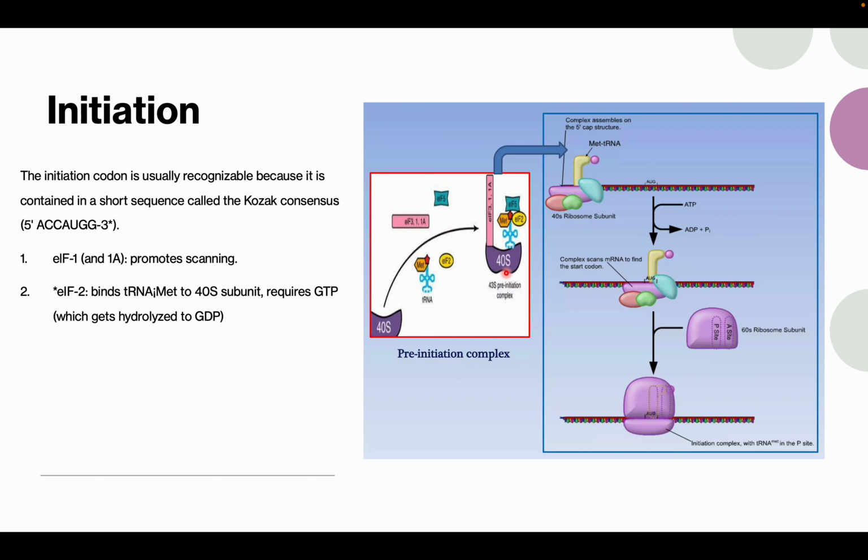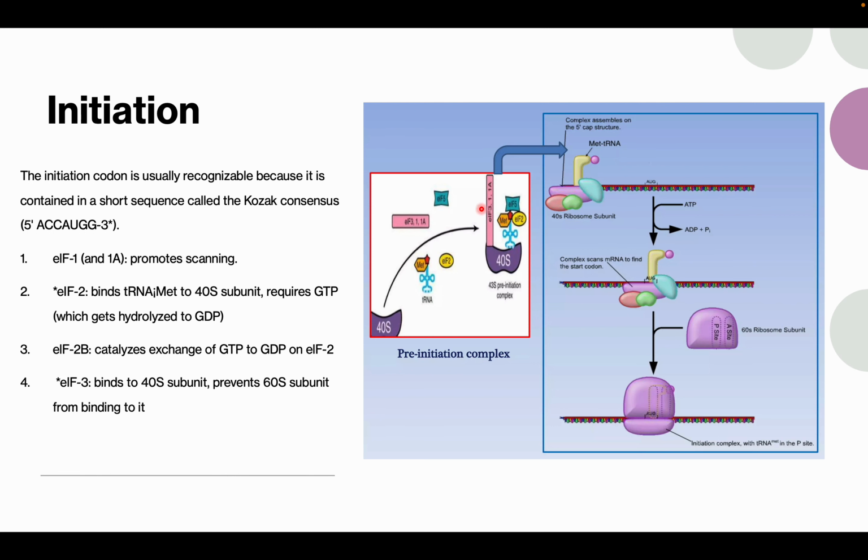So here you can see the 40S subunit, the tRNA methionine, and then different initiation factors like eIF1 and eIF2, which catalyzes the exchange of GDP to GTP. And then eIF3 binds to the 40S subunit and prevents the binding of the 60S subunit.